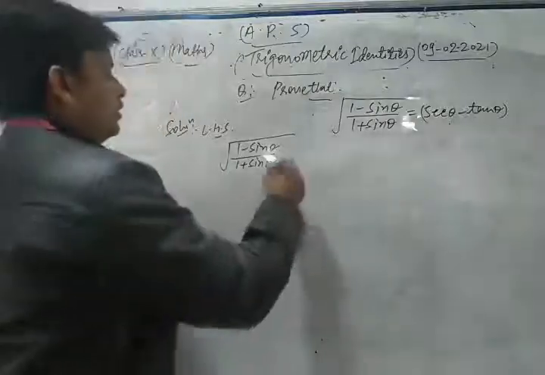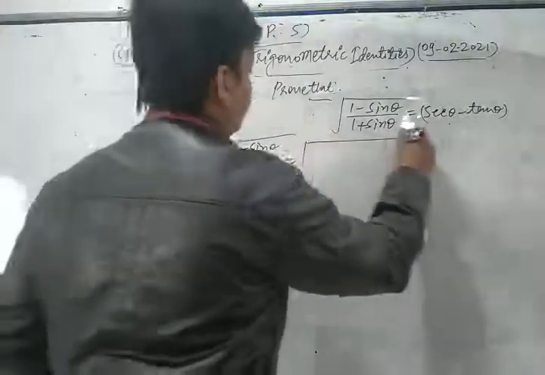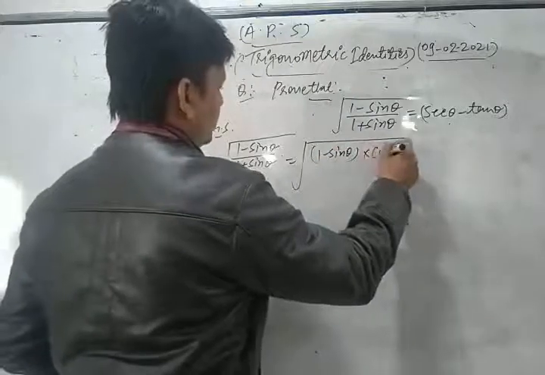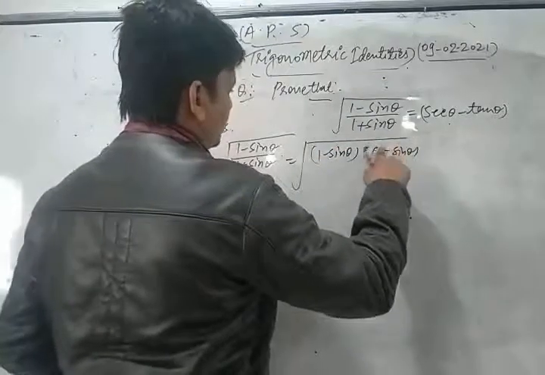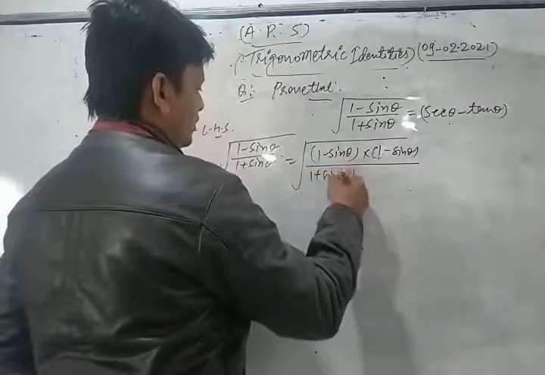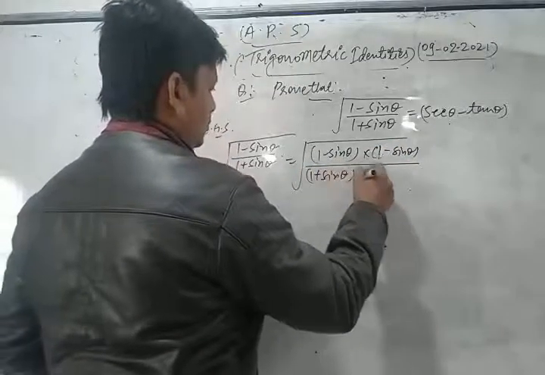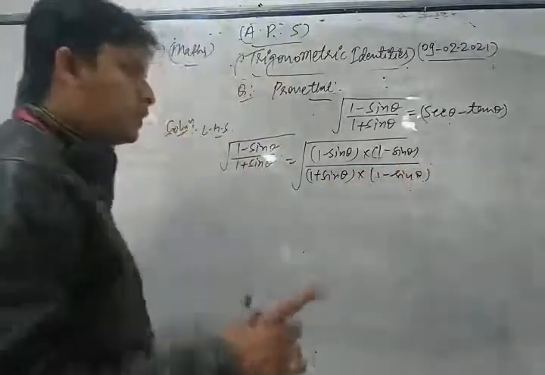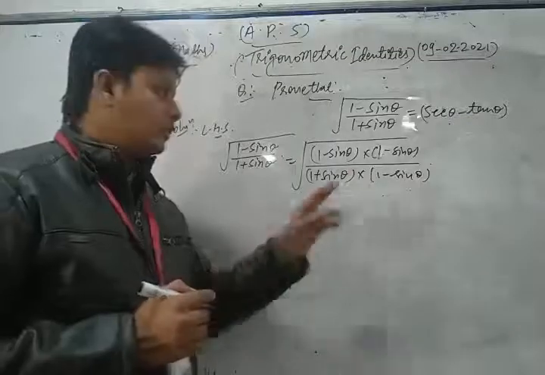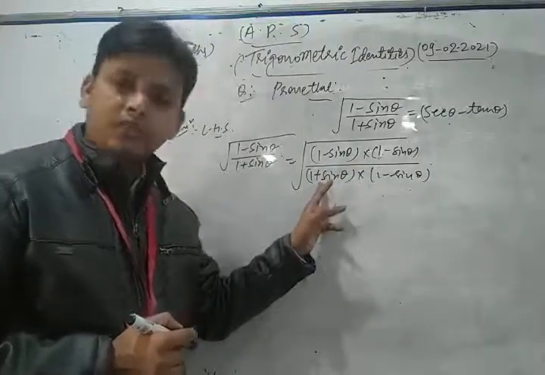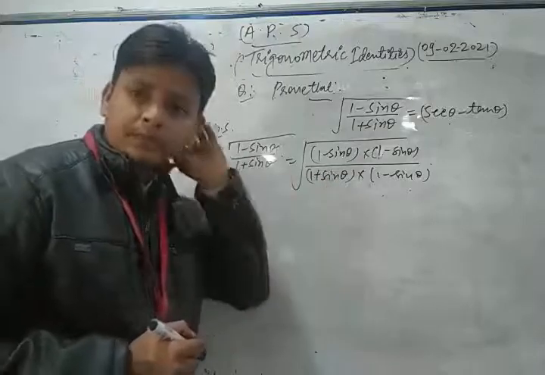Let's see. So we can write 1 minus sin theta into 1 minus sin theta upon 1 plus sin theta into 1 minus sin theta. We rationalize, meaning we multiply both the numerator and denominator by the conjugate of its denominator, that is 1 plus sin theta.